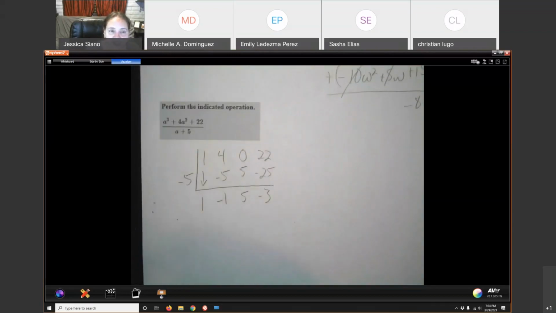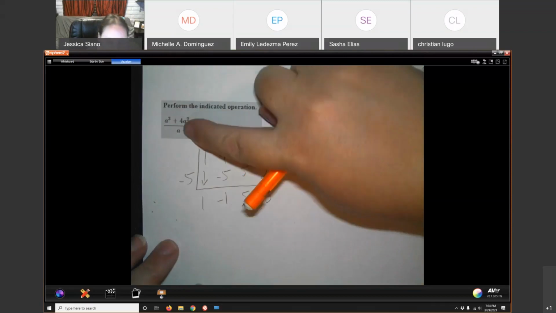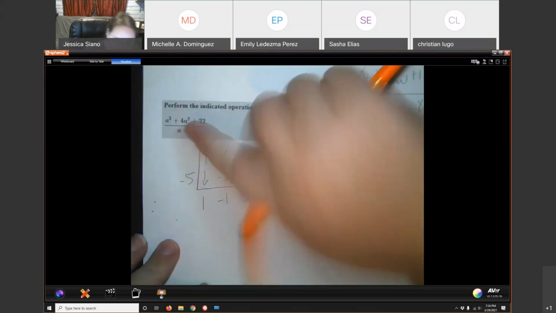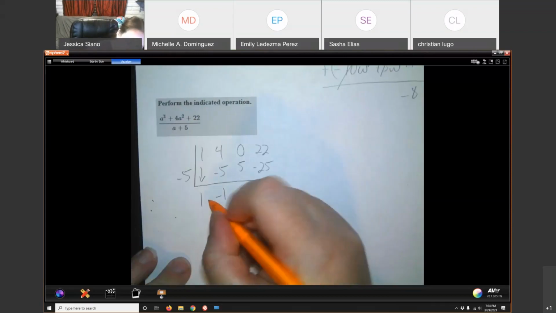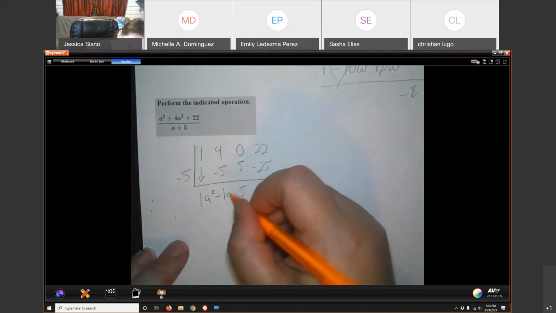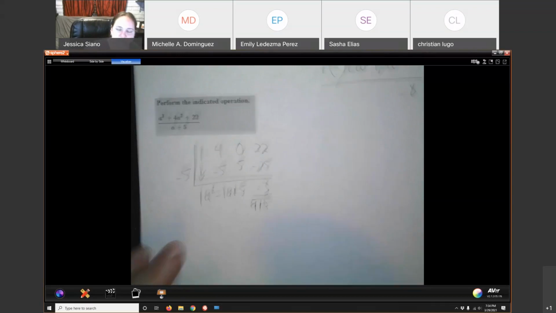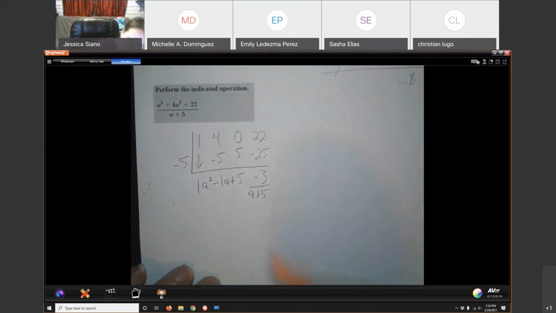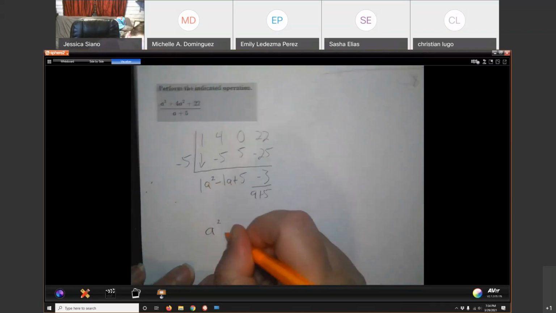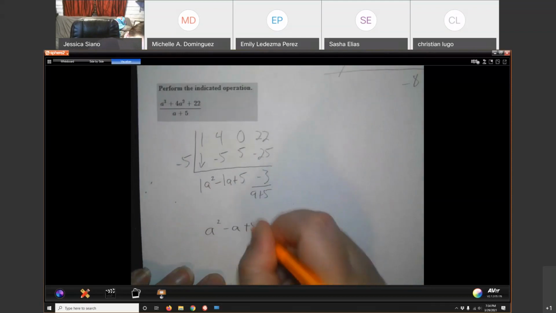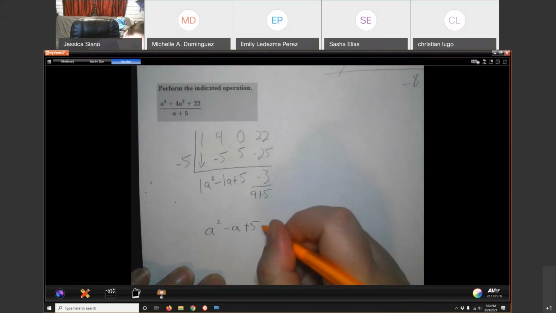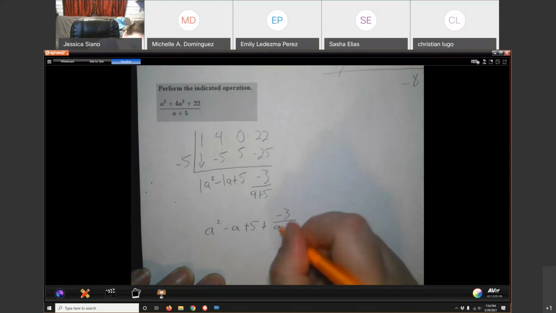And so now, if we started with an a to the third and we divide it by a, that means I would start with a squared, and this would be my remainder. So if we were writing this so that it looked a little nicer, it would be a squared minus a plus 5 plus negative 3 over a plus 5.